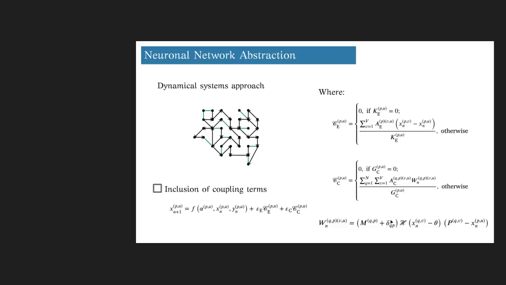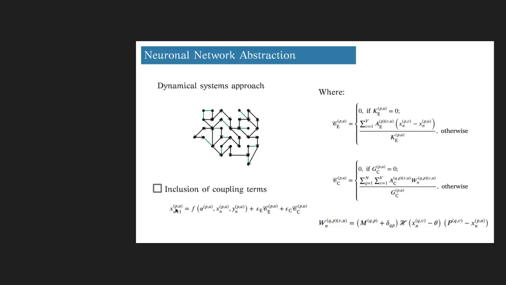The delta term is a Kronecker delta that gives us the main diagonal of the adjacency matrix, which gives the internal connections within each subnetwork, because, as we can see here, we have two superscripts in X. It signifies that we have some networks, and each network has some neurons.